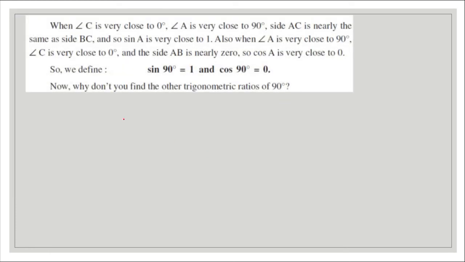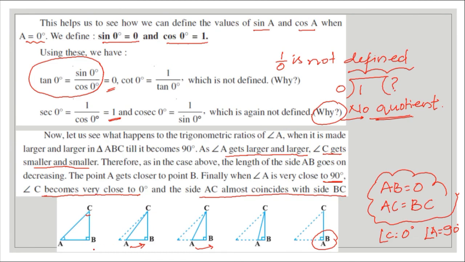When angle C is very close to 0 degree, angle A is close to 90 degree. AC becomes nearly equal to BC. In such cases, sine of 90 degree is opposite by hypotenuse, which are equal here. The length of BC and AC are equal, opposite by hypotenuse. It is something like this. If you remember the triangle, we had ABC.